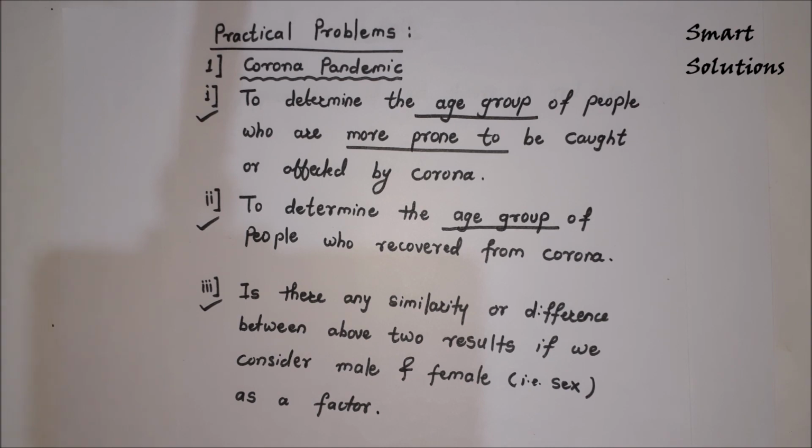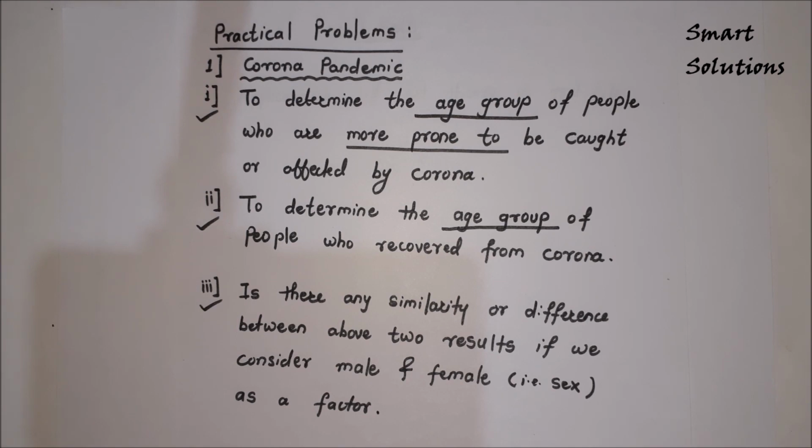So we have stated here a statement, that is to determine the age group of people who are more prone to be caught or affected by corona. So what we mean here is that, as we all know, if you have got high immunity you will not be caught up by corona, and so let us say that at an early age, that is say below 25 years of age or below 30 years of age, you have very high immunity, and above 30 your immunity starts, say for example, reducing, or it is less as compared to 25 age.